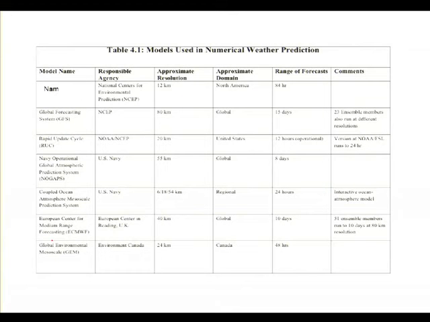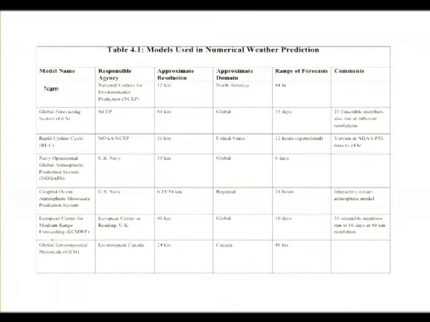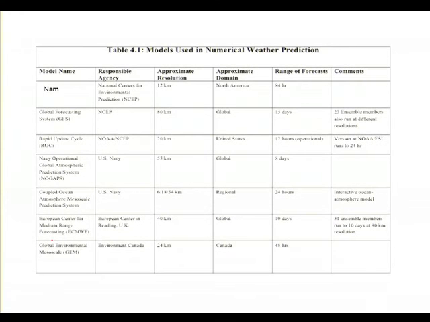So when we say that one model is just way better than the rest, that doesn't necessarily mean that every single forecast that the European Center for Medium Range Forecasting gives is going to be better than all the other ones. It just means that in general, out of, say, 1,000 forecasts, that one's going to be better than the other ones. Right, but on any specific forecast, one might do better than another one, just depending on how they play around with the information that they give out. So that's just a general idea of how our forecasts are today.